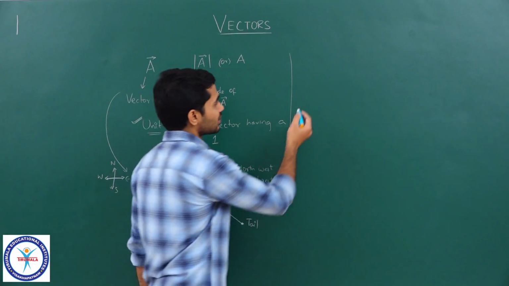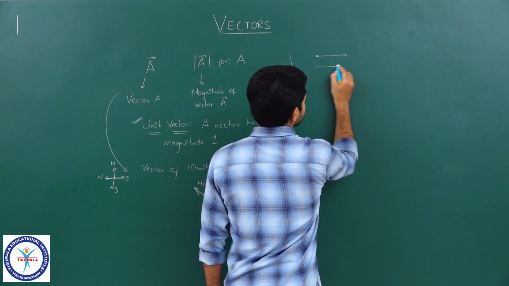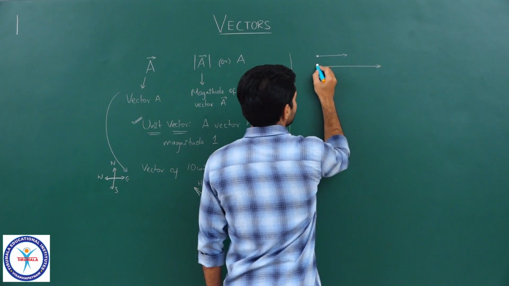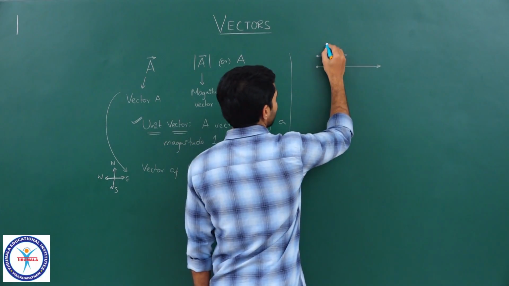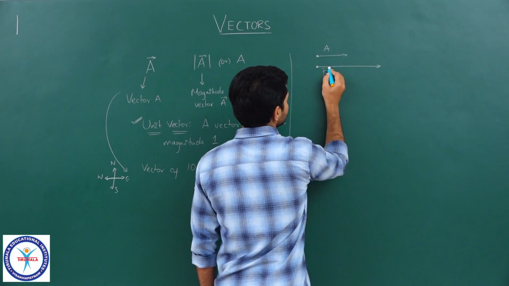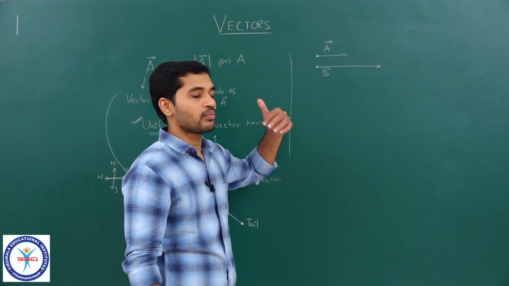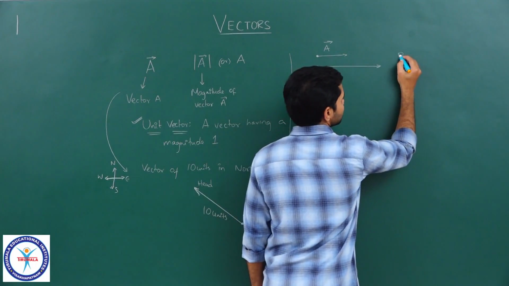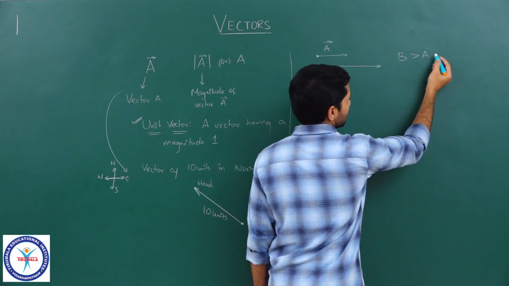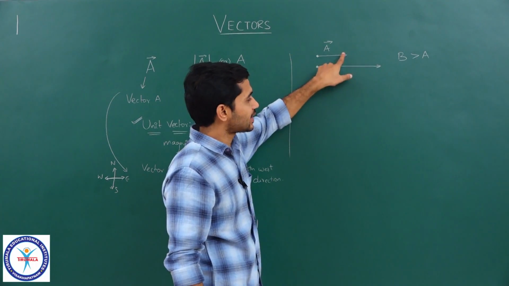For example, let's say I have two vectors like this. Clear? This is vector A and this is vector B. By looking at this, I can definitely say that the magnitude of B is greater than the magnitude of A, because the length of this is greater than the length of that.